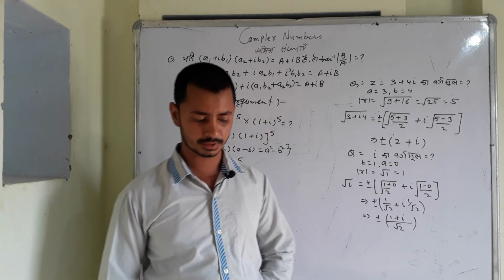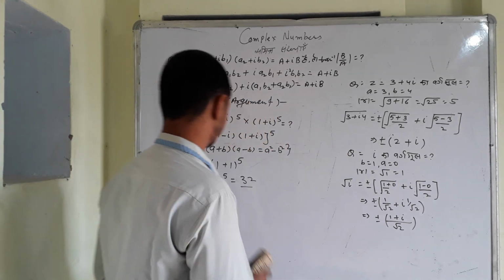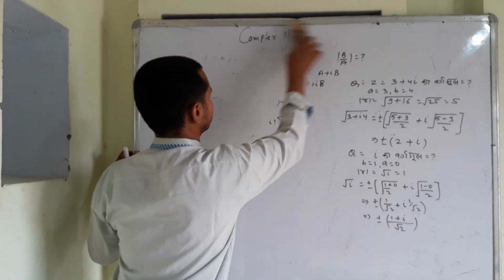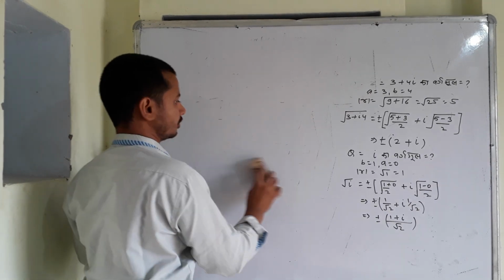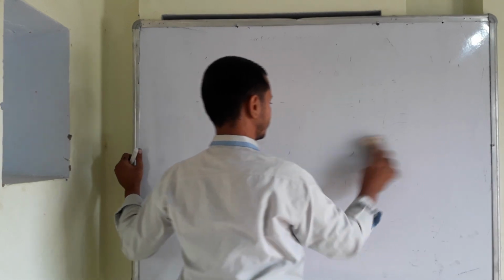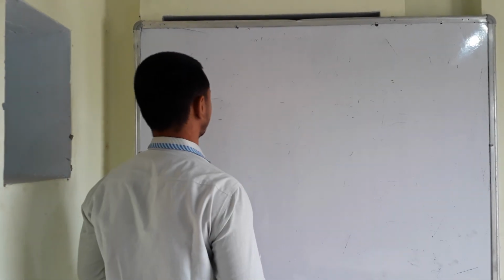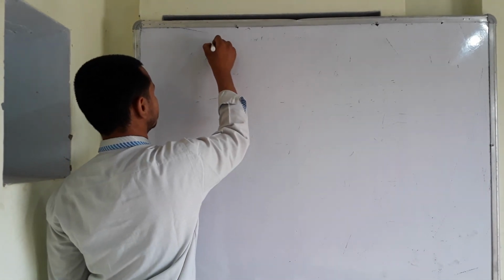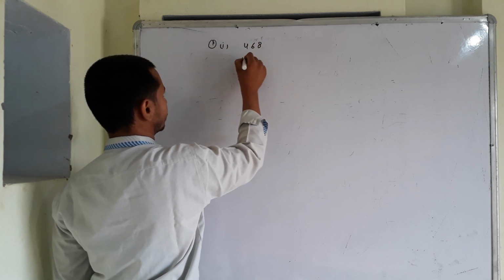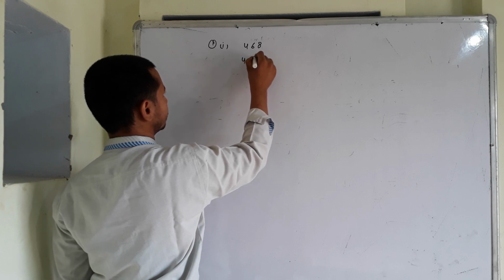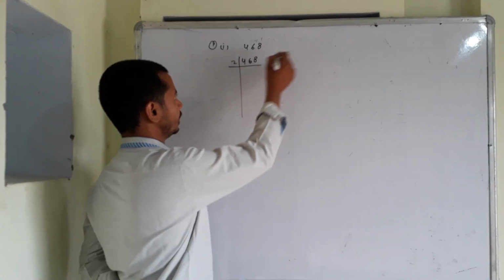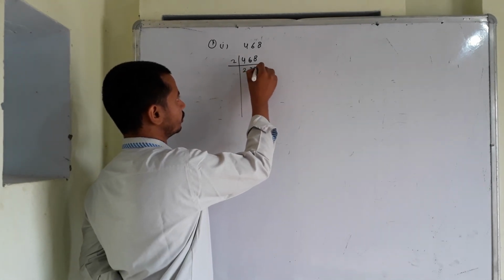So the first question is 468. Factorize 468 first by 2, then we find 234.